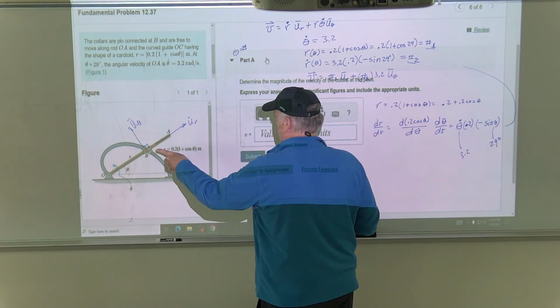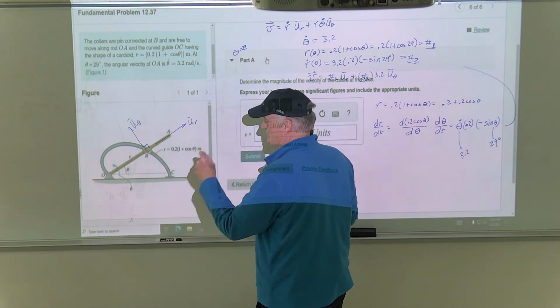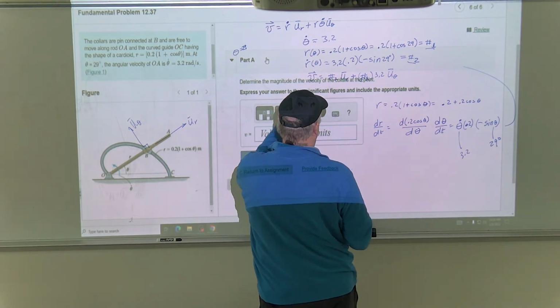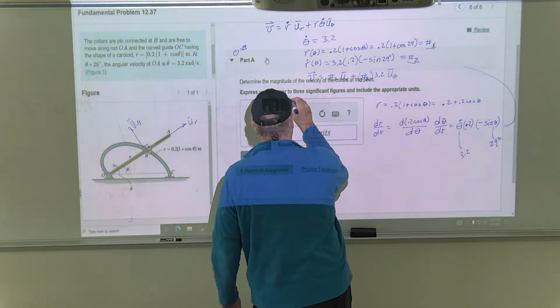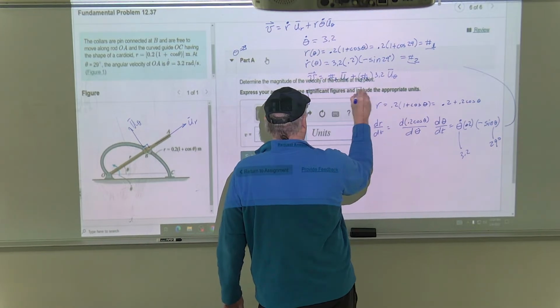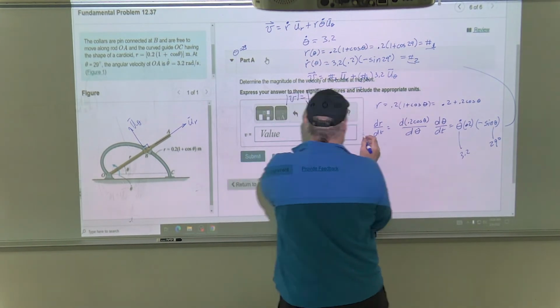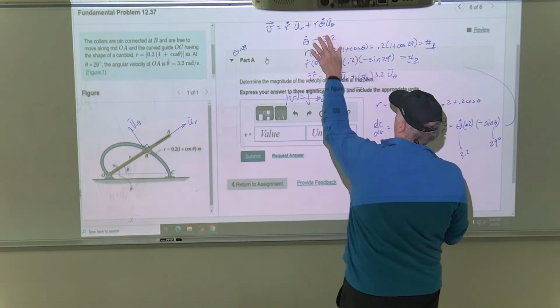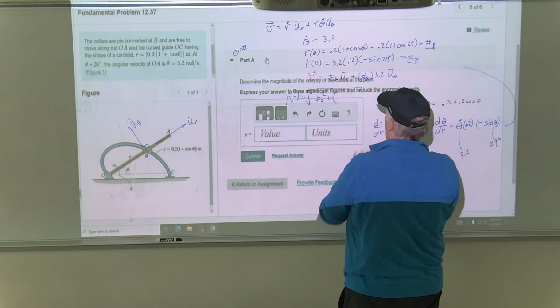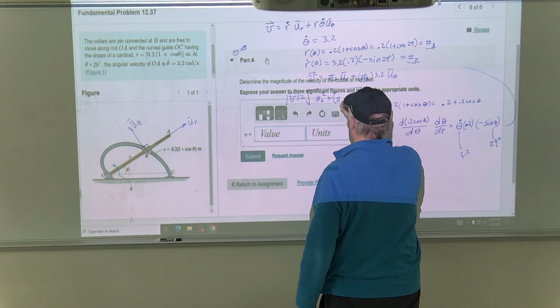If they were not 90 degrees apart, and there are coordinate systems that are not, but since they are, then the magnitude of V is just going to be the square root of the number 2 squared plus the number 1 times 3.2, and square that.